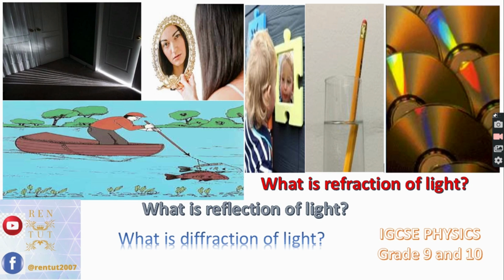Why does this happen? These are all examples and we will discuss them in detail. So put on your curiosity caps and we will move ahead, discussing one by one why this happens, what refraction, reflection, and diffraction of light are.